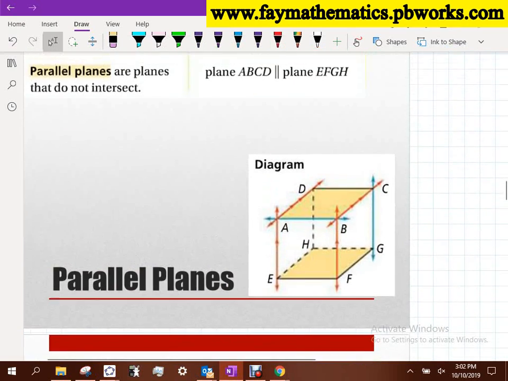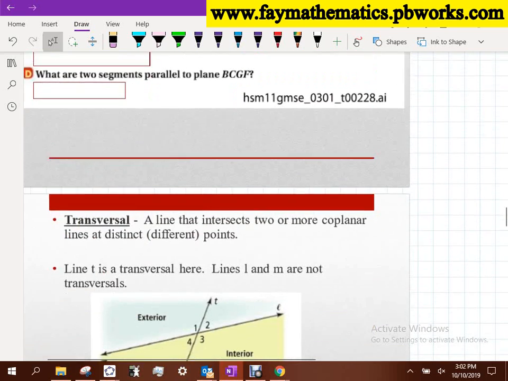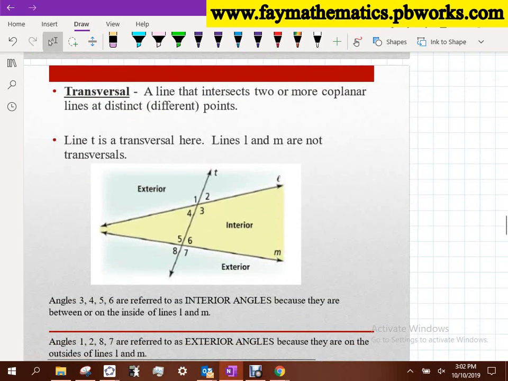I'm not going to skip through these questions because I think the discussion we just had would allow us to answer those pretty easily. This next part, guys, is something that we will talk about for the rest of the year. It is a very key point to allowing us to prove a lot of relationships that exist beyond this.